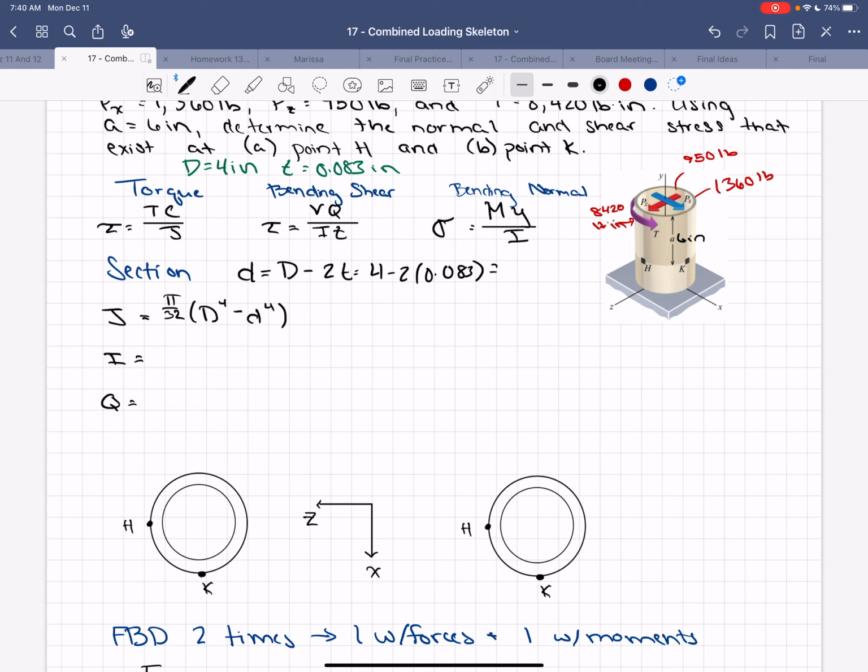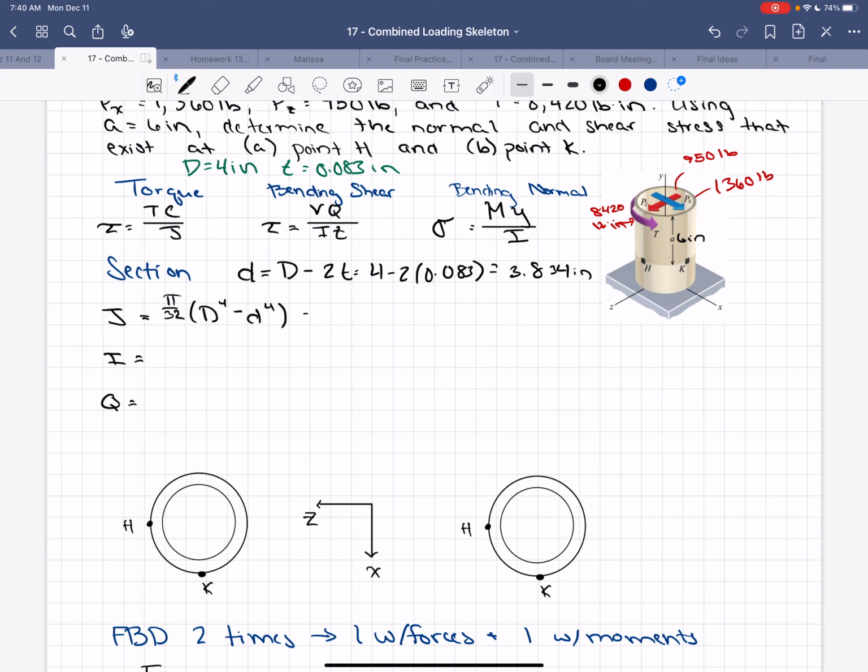I didn't calculate it here, so let me calculate it quickly, because that's nicer than plugging it in every time. We get 3.834 inches.